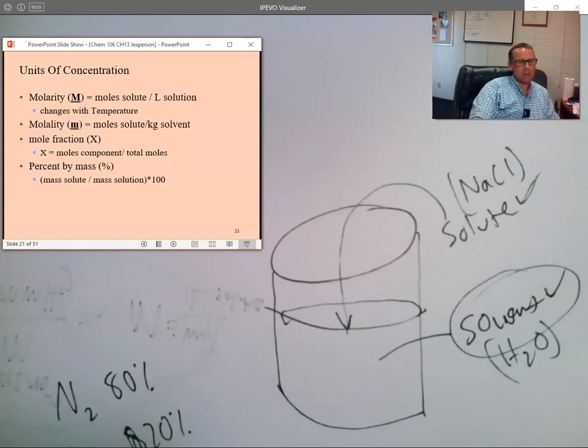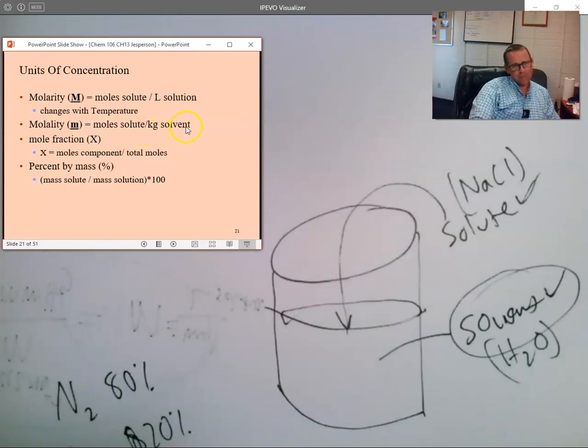And now molarity is moles of solute per liter of solution. Whereas this new term, molality, is a lowercase m, and oftentimes they'll underline that lowercase m to differentiate it from meters. Okay? It's moles of solute, just like molarity is, but per kilograms of solvent.